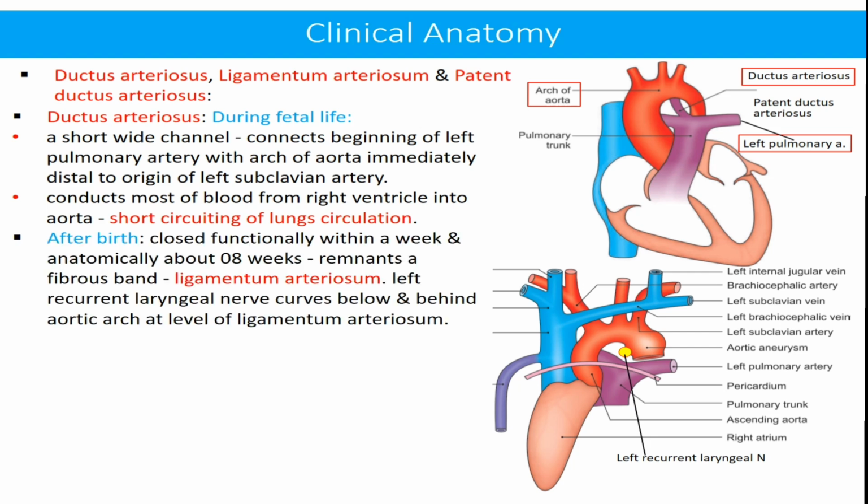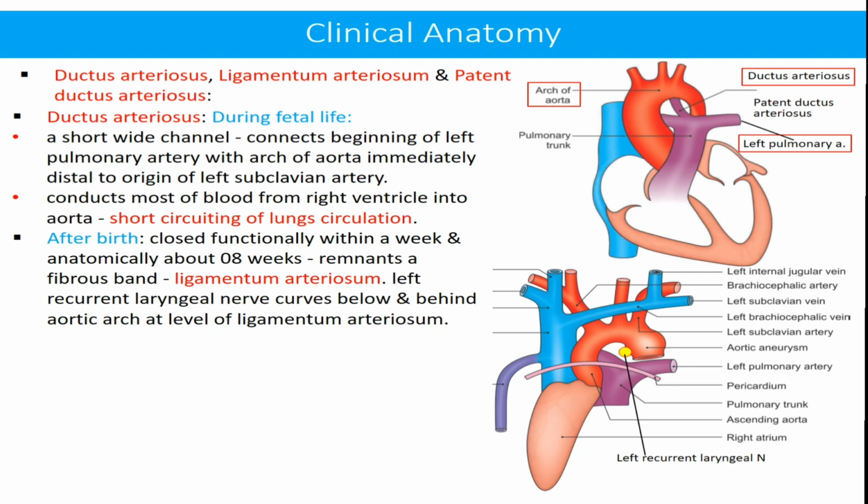After birth, as the lung circulation is established, the ductus is closed functionally within a week or anatomically within about 8 weeks. Its remnants are present as a fibrous band, which is named as ligamentum arteriosum.